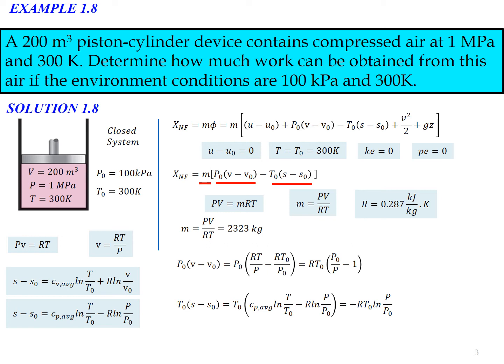Okay, so now simplify the equation. We will have T naught multiplied by (S minus S naught) equal to negative R T naught ln P divided by P naught.